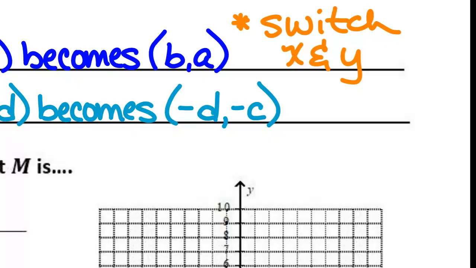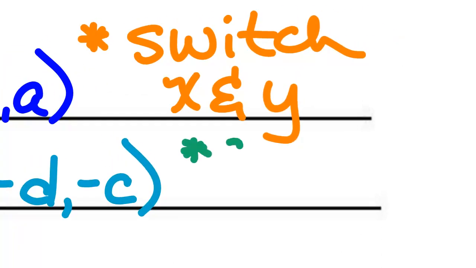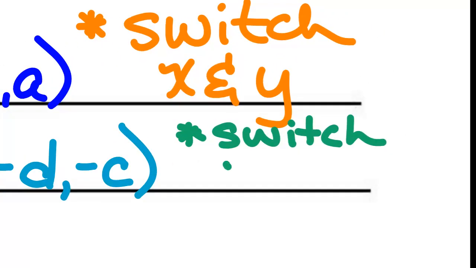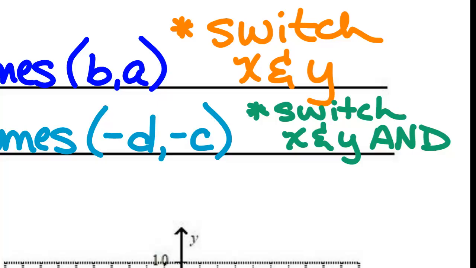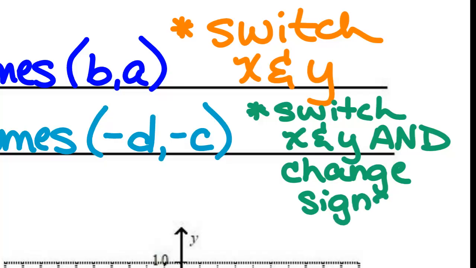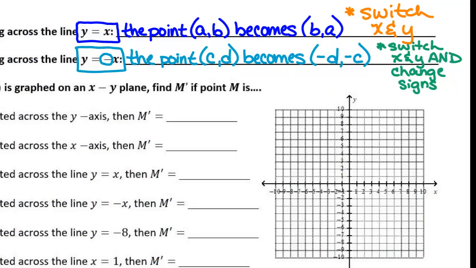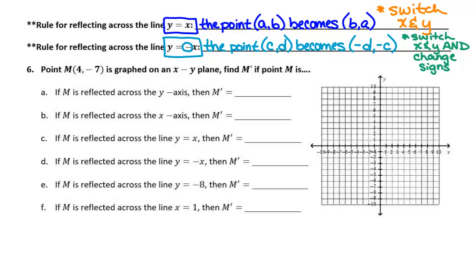So you switch and change signs. So you flip the numbers around and you change the signs.